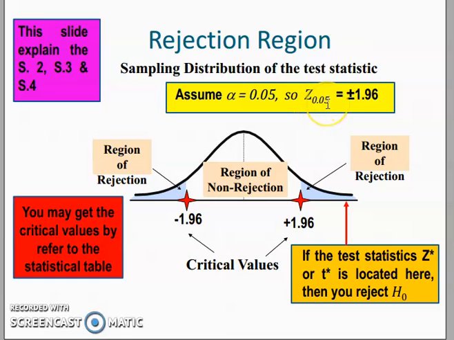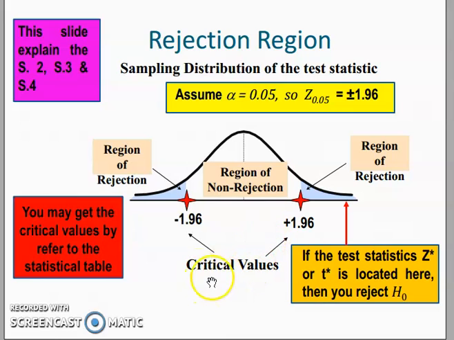If you look from the normal distribution table, we find that the value is plus minus 1.96. So here will be the value of 1.96 on the right side. On the left side is a negative sign, which is minus 1.96. And the middle here is 0. So plus 1.96 and minus 1.96, we call them the critical values.